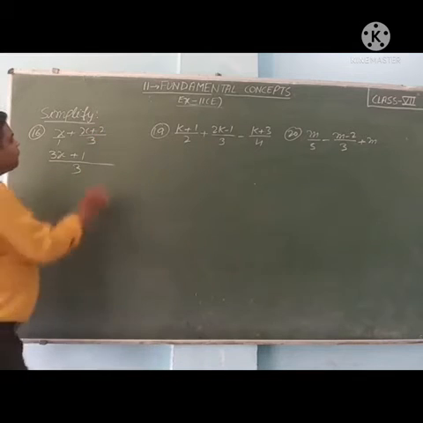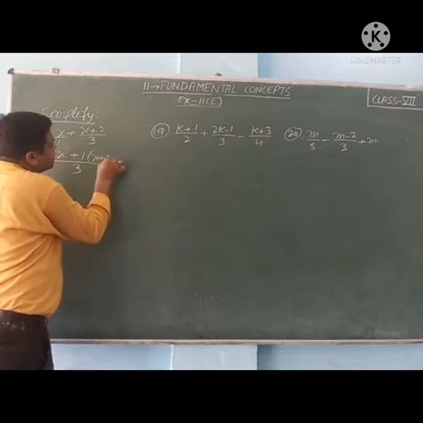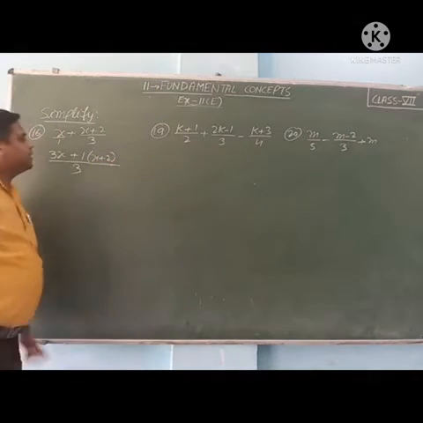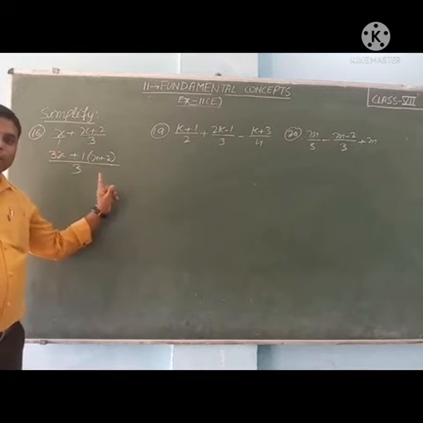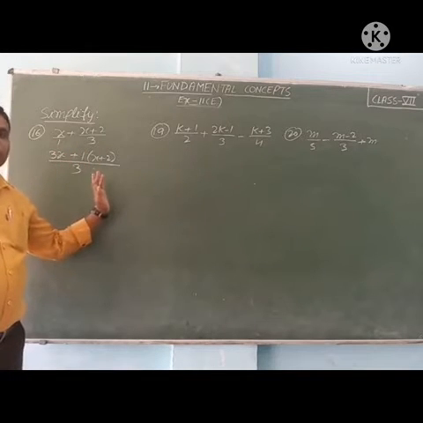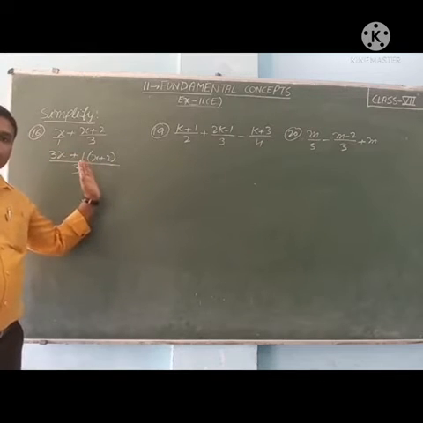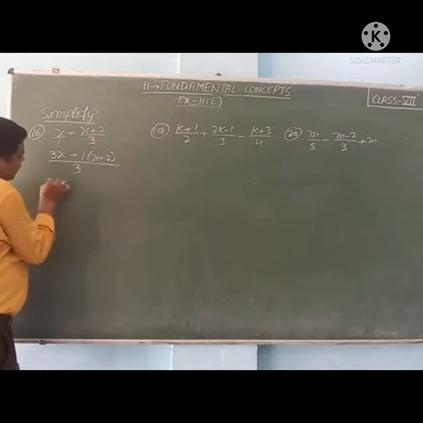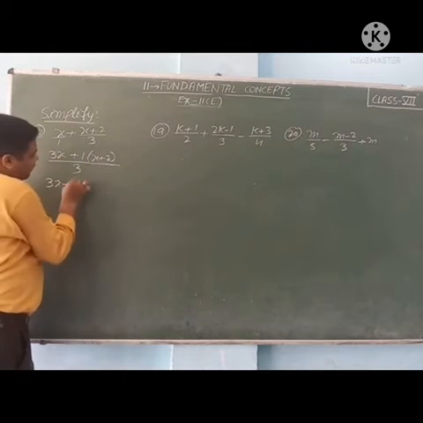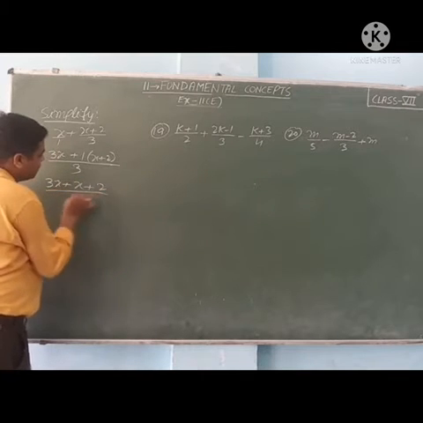If a multinomial expression is given in the numerator, we will write it inside the bracket to multiply. So this multiply we will do: 3x plus 1 into x plus 1 into 2 upon 3.